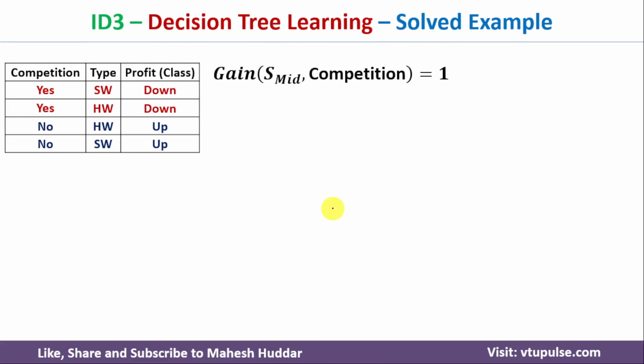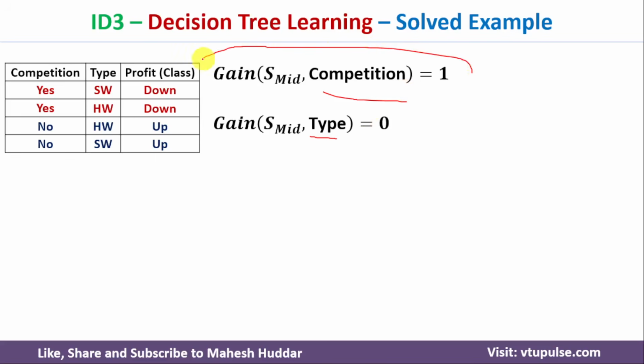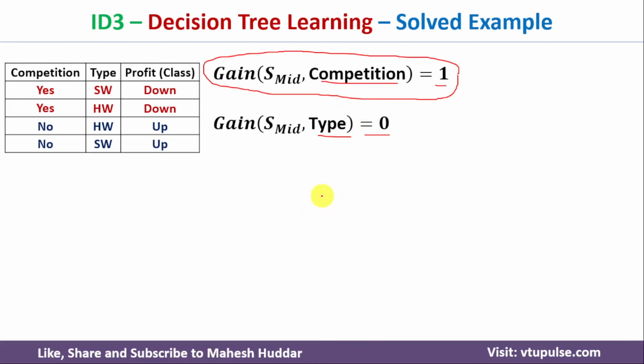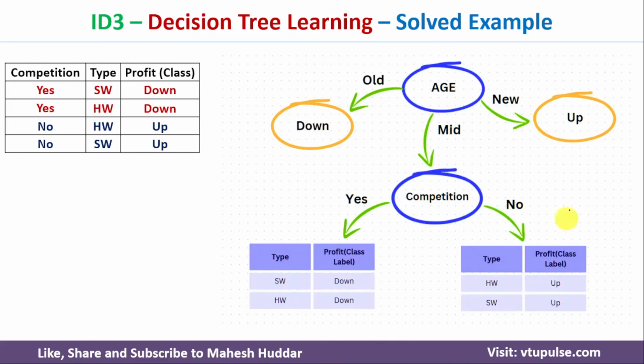So here we got information gain for the attribute computation is 1 and attribute type is 0. In these two values, 1 is the highest information gain, so the computation attribute will be considered as the next node. So you can see the decision tree here.